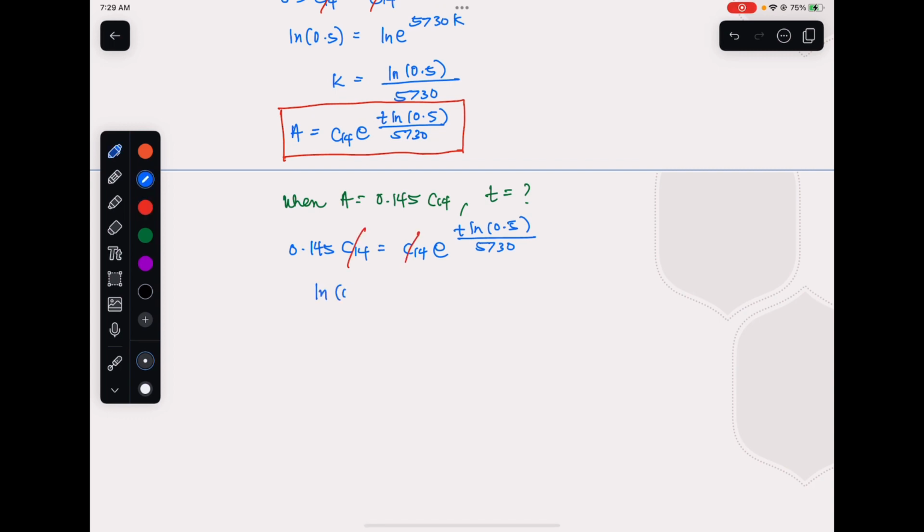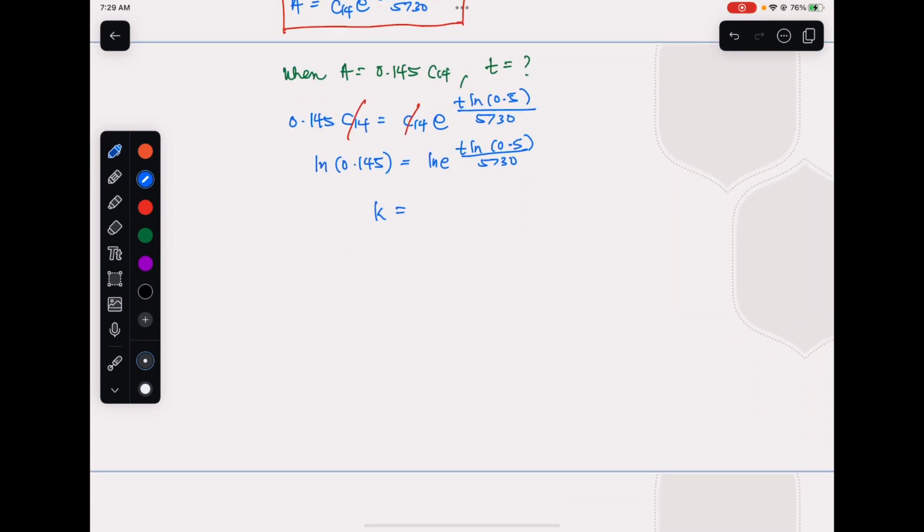So we take ln of both sides. So ln of 0.145, and then ln of e raised to t ln of 0.5 over 5,730. So t will be 5,730 ln of 0.145 over ln of 0.5. Sorry, that should be t, not k.